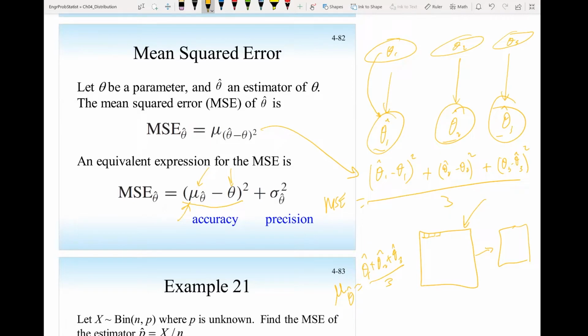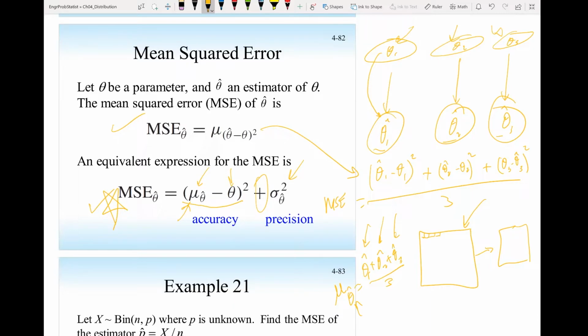In this case, it could be theta 1 plus theta 2 plus theta 3 divided by 3. And the difference will be the error, then you square it, plus the variation in your estimate in this one. How much variation between theta 1, theta 2, theta 3. So you use this method, or this equation is the same. It's easier to use this one.